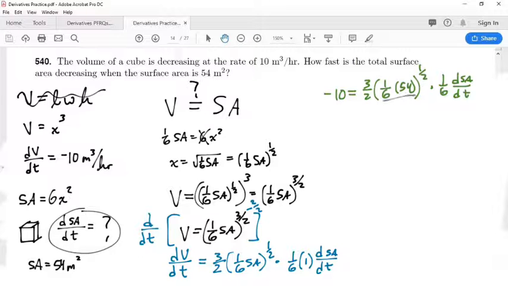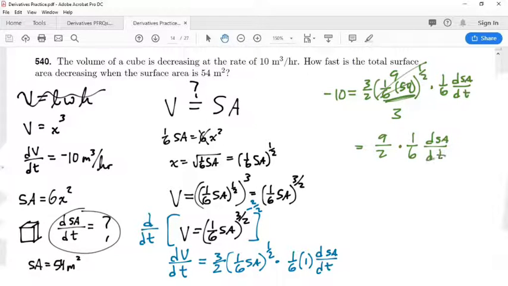What is 1/6 of 54? It's 9. And what is the square root of 9? So this whole thing is 3. What is 3 times 3 over 2? That'd be 9 over 2. And then we have times 1/6 dSA over dt.